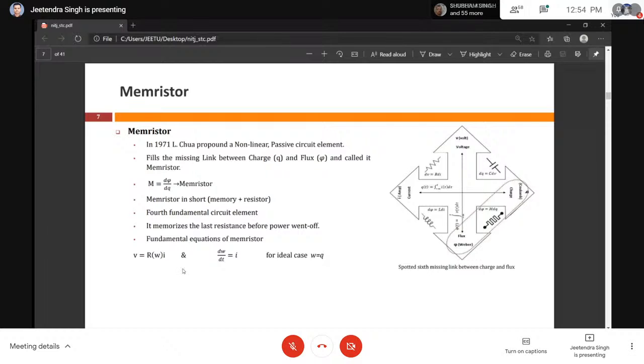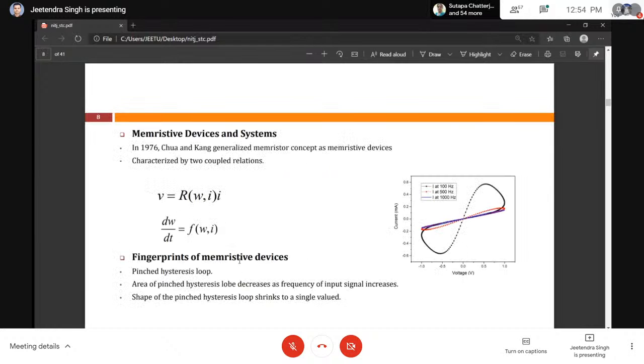And if we take the derivative of the position, it will give the current. For the ideal case, we can assume the position W as a charge. So if it is charge dependent, then dq by dt is I and R is R(q), meaning the resistance is charge dependent. But here we use the position instead of the charge.